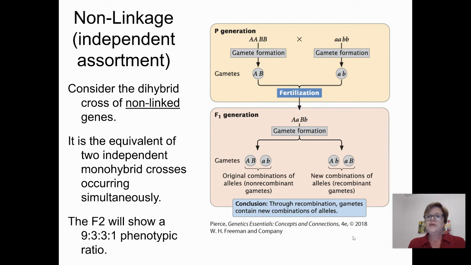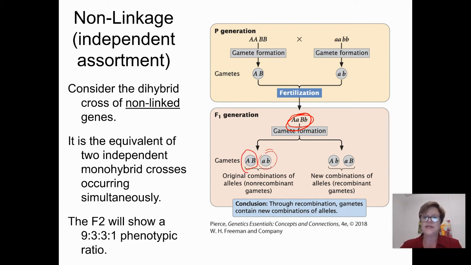Now, when we looked at Mendel's crosses, he only dealt with non-linked genes or unlinked genes. So you remember that when Mendel did his dihybrid cross, the dihybrid individual creates a potential of 4 genotypes of gametes.